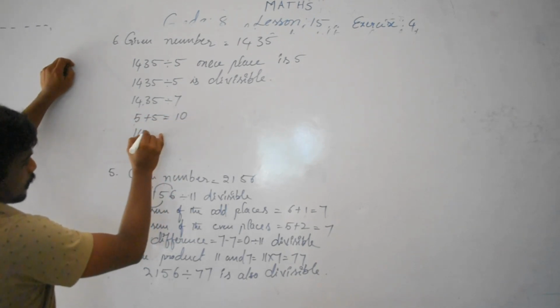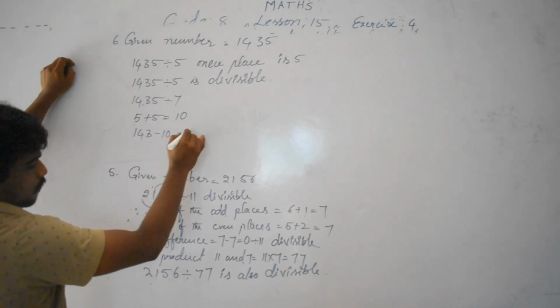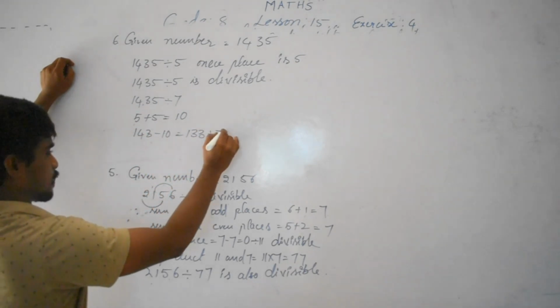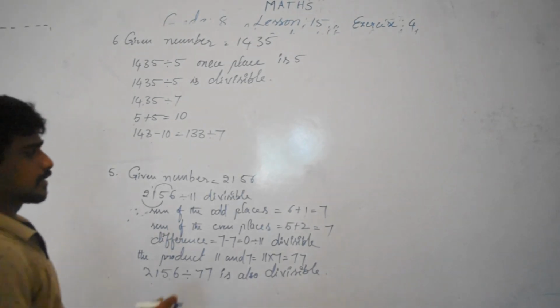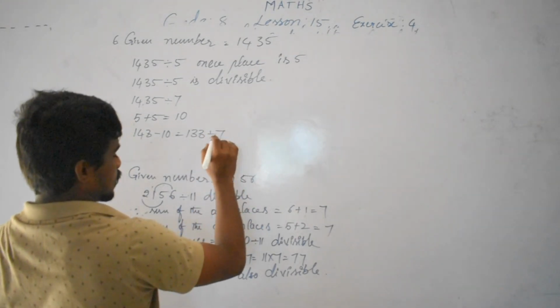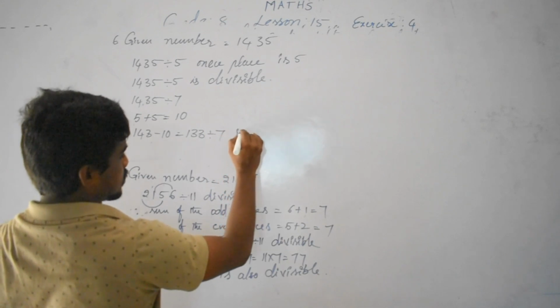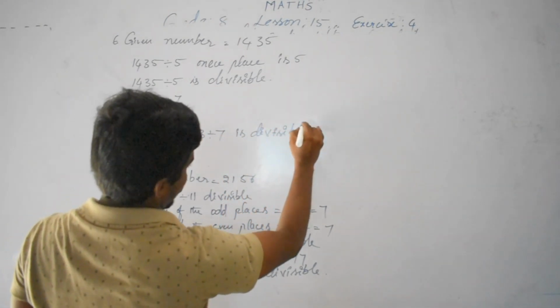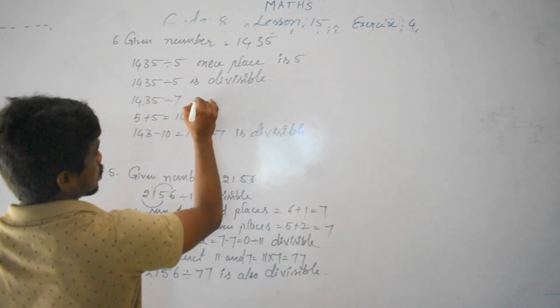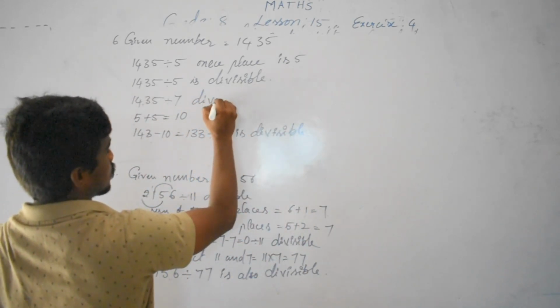So 143 minus 10, 133 divided by 7. So 19 sevens are 133. So 133 divided by 7 is divisible. So this is also divisible.